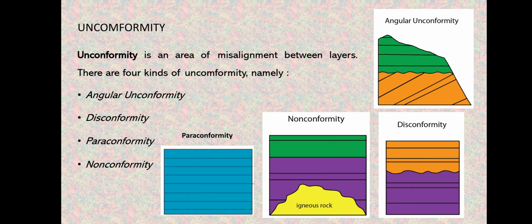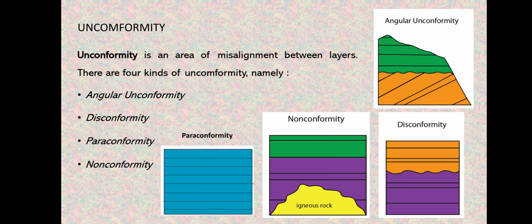Then another layer is deposited on top of the layer. And the simple way, angular unconformity looks like this, like a different way, and it has an angle.